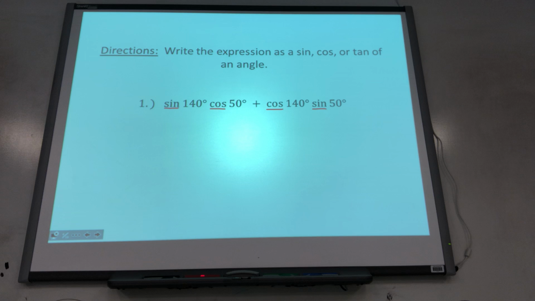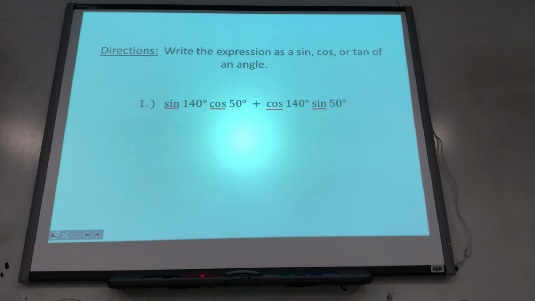Sine, cosine, plus cosine, sine. And I'm scanning through my formulas here. At the very top, sine, cosine, plus cosine, sine. It's matching up to the sine of u plus v formula.